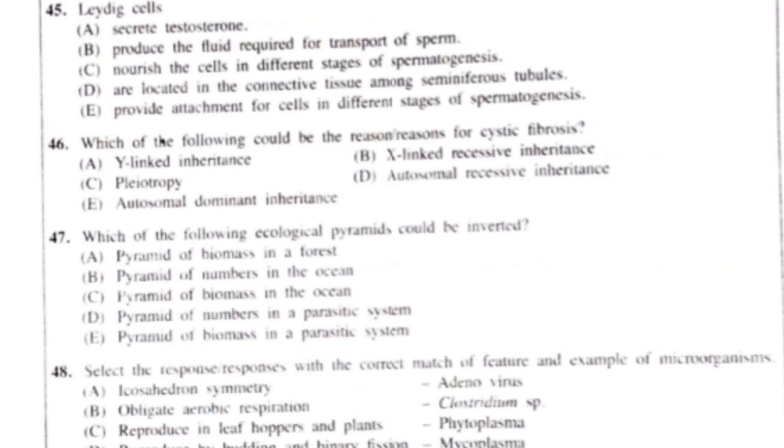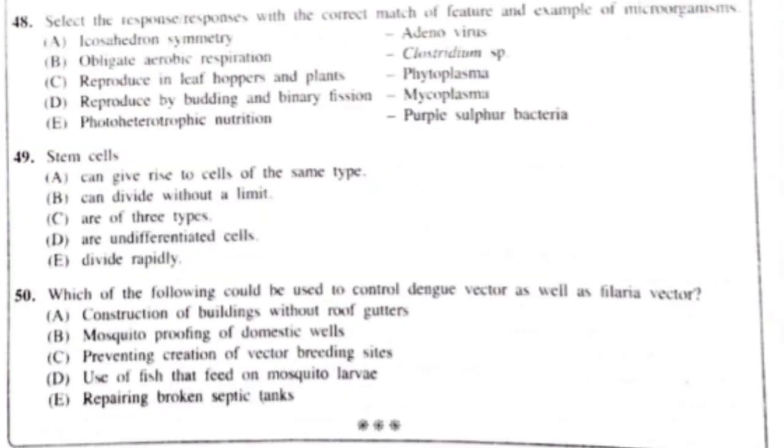Question number 48. Select the correct responses with the correct match of feature and example of microorganisms. Here the correct statements are A, C and D. So answer number 2. We know adenovirus, yes, it shows icosahedral symmetry.